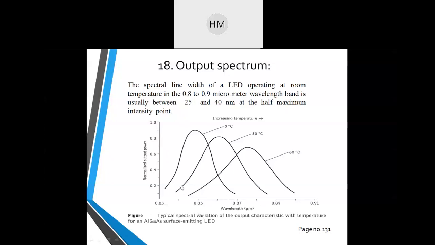This is wavelength with respect to normalized output power. As temperature increases, we all know temperature, different temperatures we are showing. Thus, output power decreases at higher temperature. कोई भी एलईडी हो, अगर टेम्परेचर बहुत ज्यादा इंक्रीज हो रहा है, दैट मीन्स आउटपुट पावर विल बी रिड्यूस्ड, ठीक है। And here we are showing the spectral line width at different wavelengths. 0.85 पे मैक्सिमम है, 0.87 पे the output power is reduced.